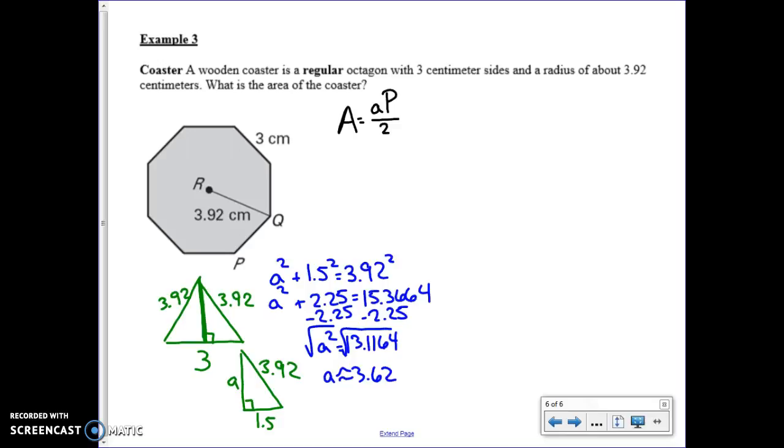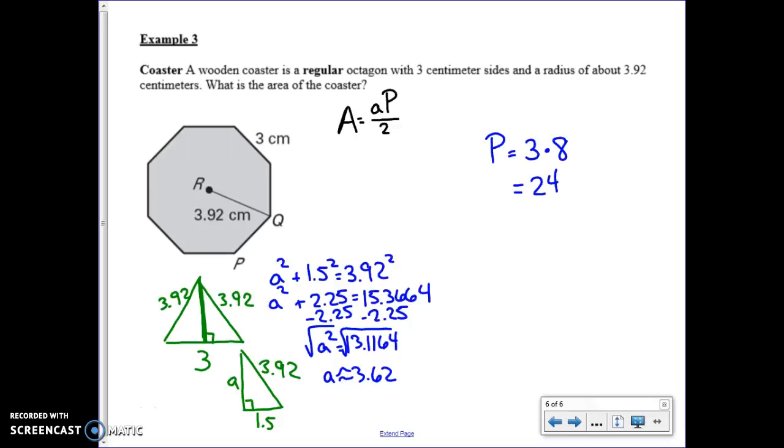So now I have the apothem. The other piece I need then is the perimeter. Perimeter is the side length times the number of sides. Since it's an octagon, I multiply by 8, so I get 24.